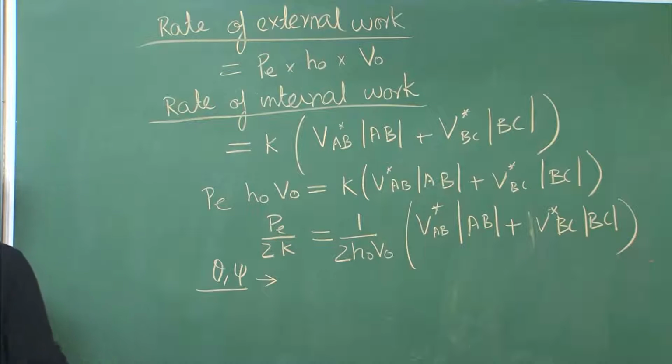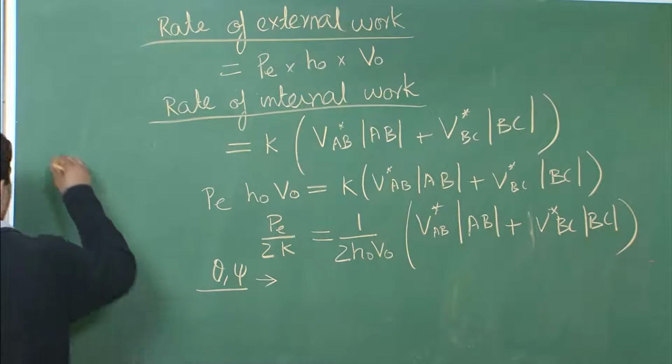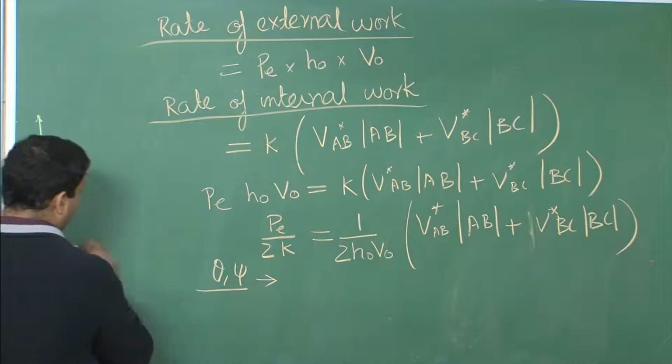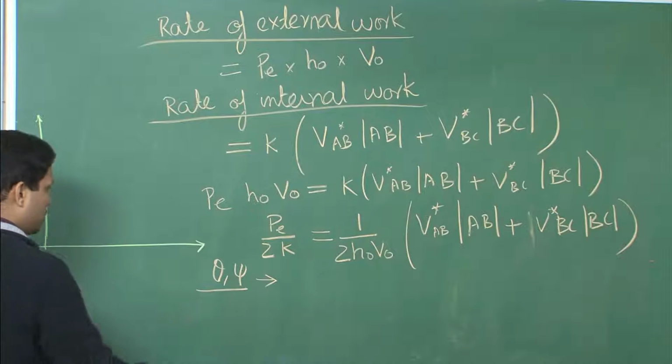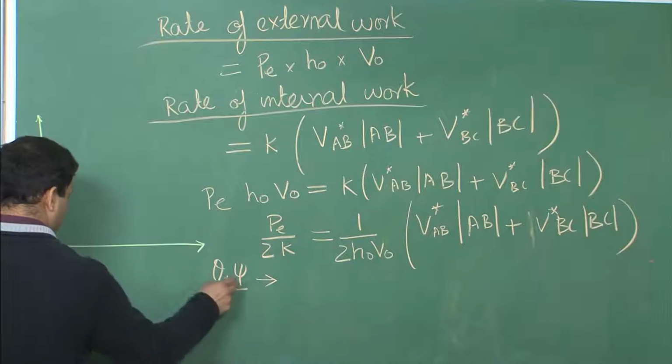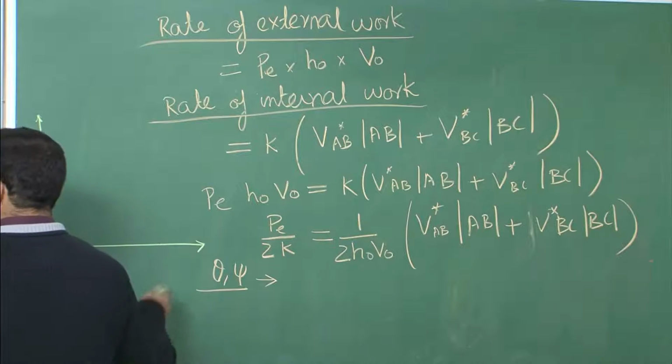As an example, let me schematically draw how Pe over 2K might have looked if you had changed just the angle theta over here. Let us say theta and psi are actually dependent.